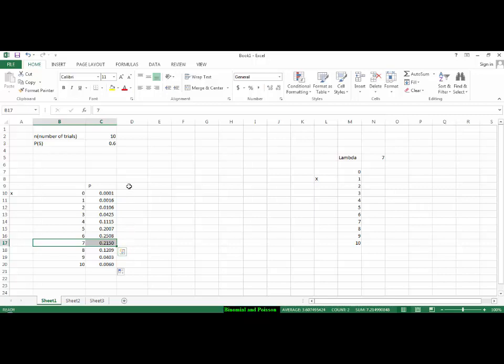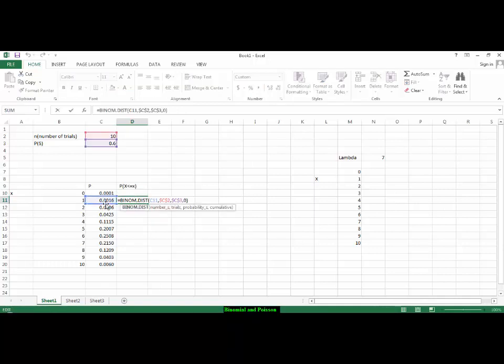And if I want to find the cumulative probabilities, which is actually denoted by the probability of x being less than or equal to x, then I'll use the same function with one difference. Here, instead of choosing the probability mass function, I'll type 1, which will give me the cumulative distribution function.